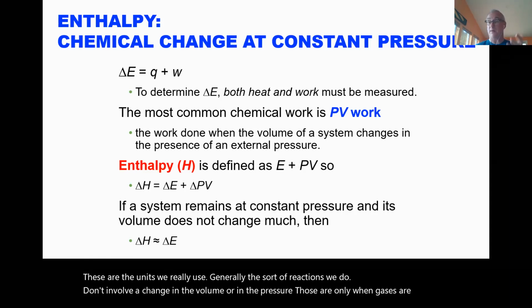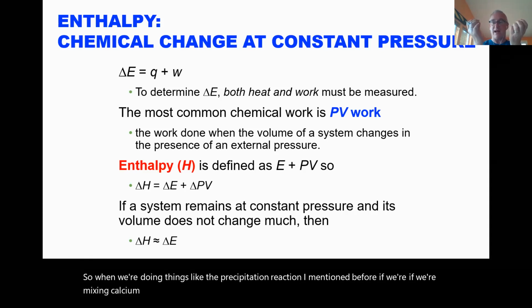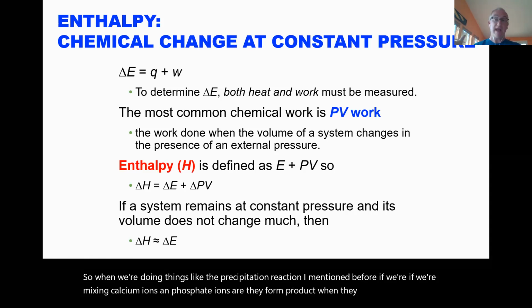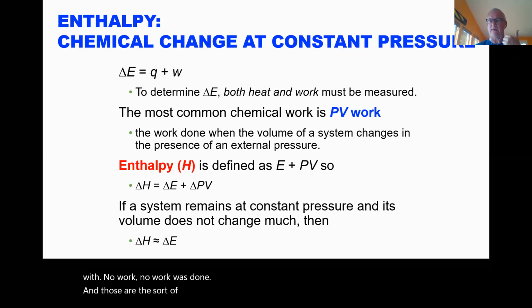So when we're doing things like the precipitation reaction I mentioned before, if we're mixing calcium ions and phosphate ions and they form a product and precipitate out, no gases were harmed in the making of that reaction. And so we're dealing with something different. We're dealing with no work. No work was done. And those are generally the chemical reactions that we're dealing with.